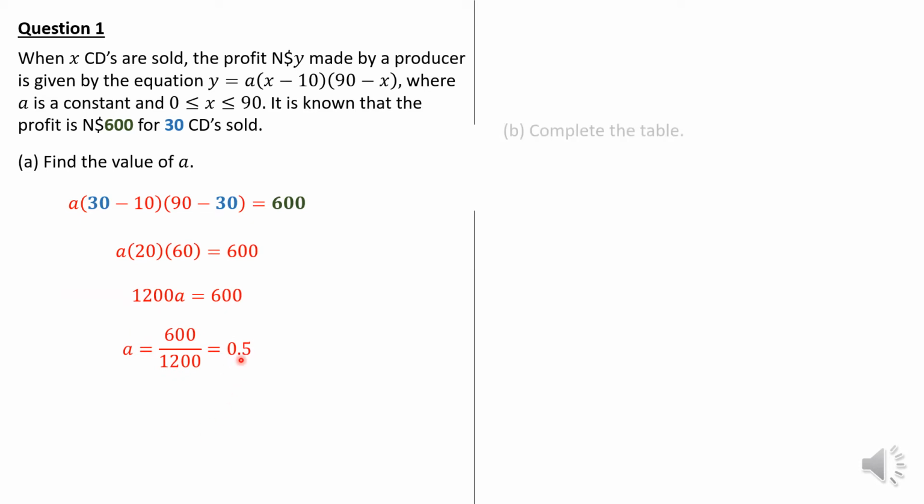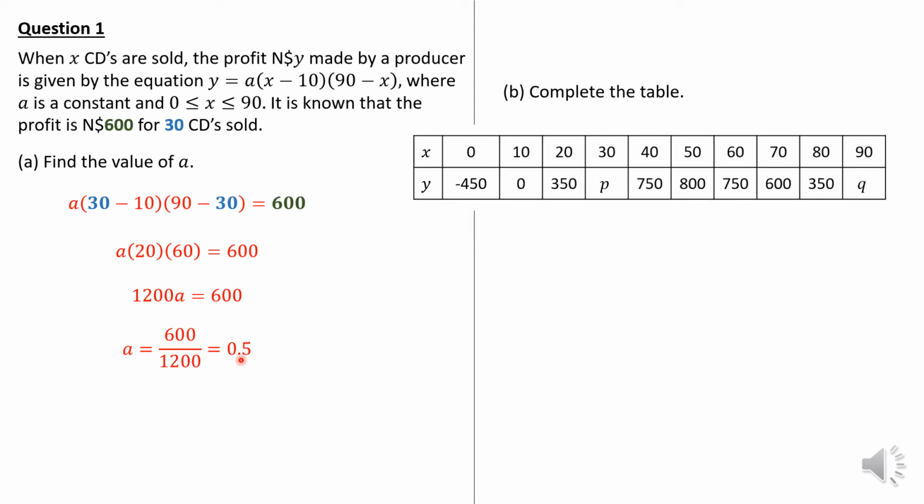Now they want us to complete a table. They are giving us a table based on this particular equation. Now we already know what the output is once x is equal to 30. I expect that to be 600. So if I do the 30, just to make sure, we have the 600.